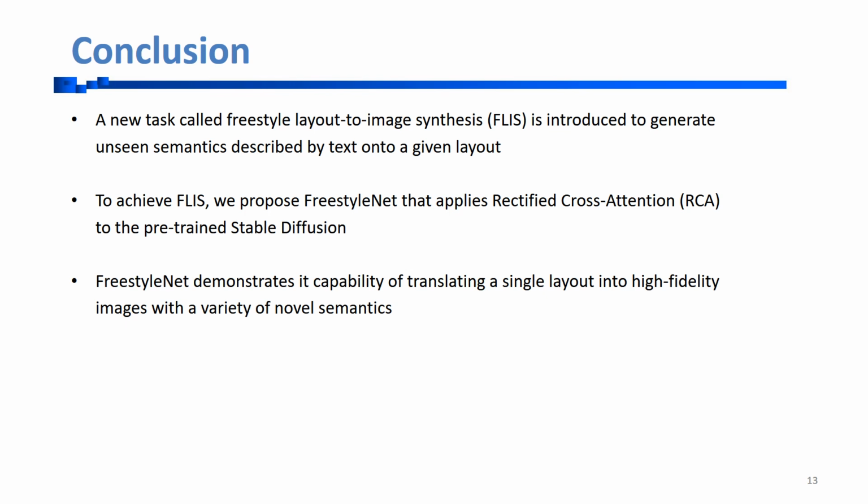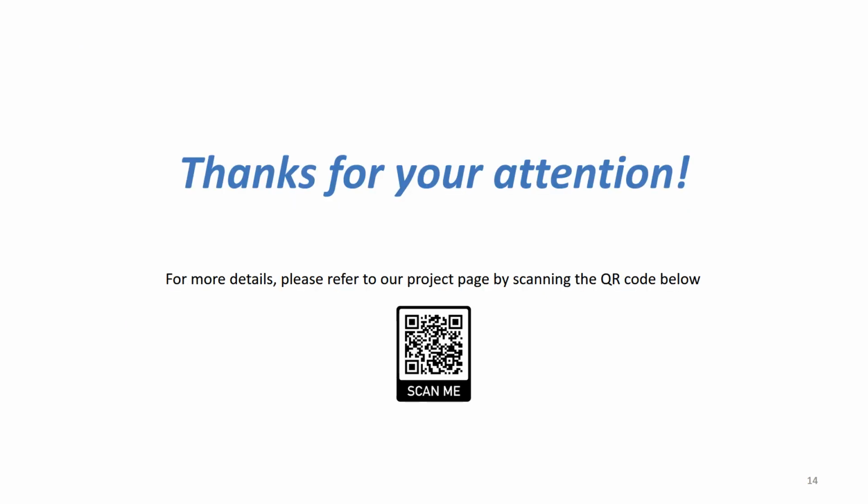Stable Diffusion provides us a vast number of semantics, and RCA allows us to put these semantics onto the given layout. We demonstrate a bunch of applications by translating a single layout into high-fidelity images with a variety of novel semantics using our FreestyleNet. Thanks for your attention.